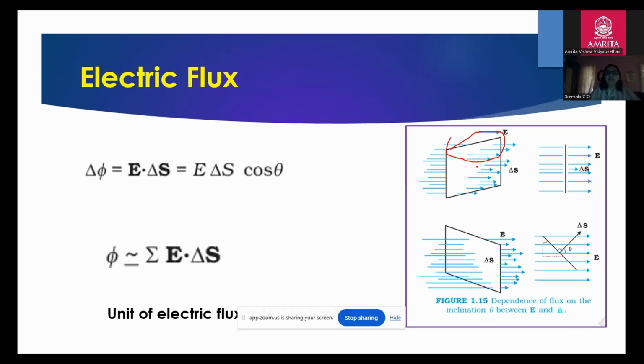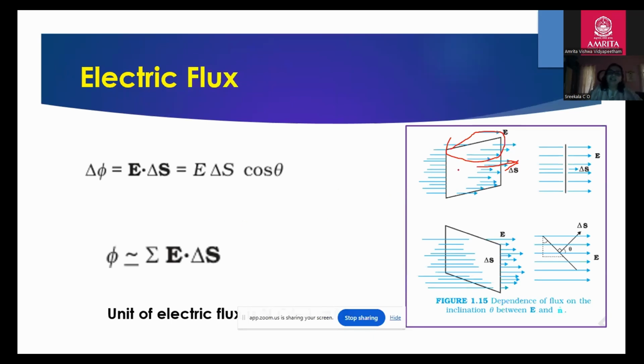These electric field lines are going normal to this area, perpendicular to this plane, so the normal to the surface and E are parallel. In this case, we can write the electric flux.